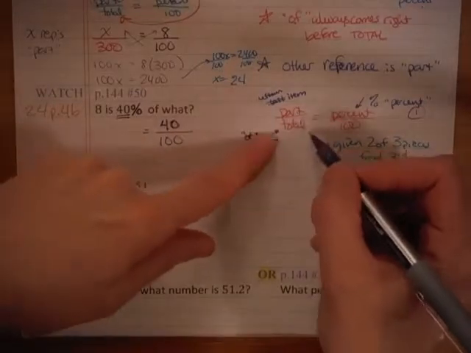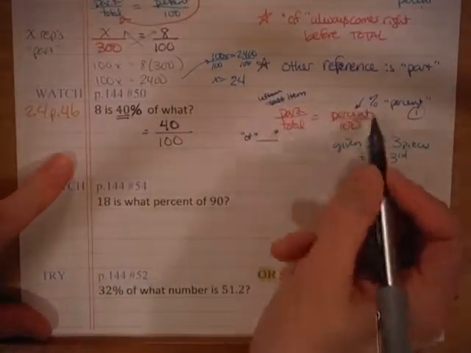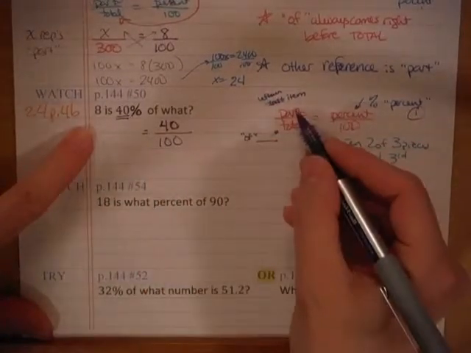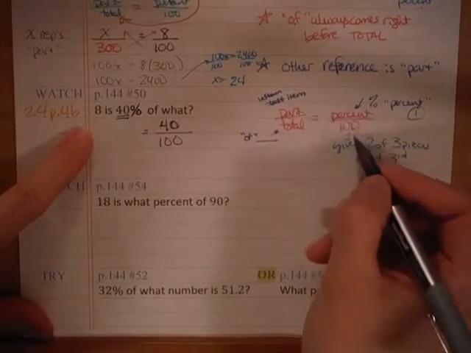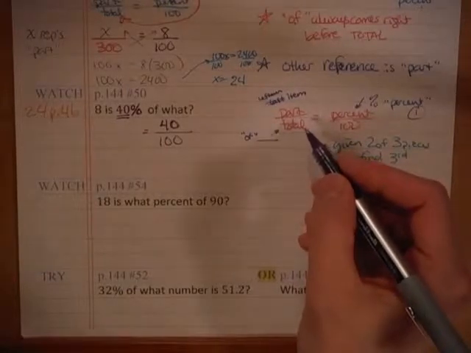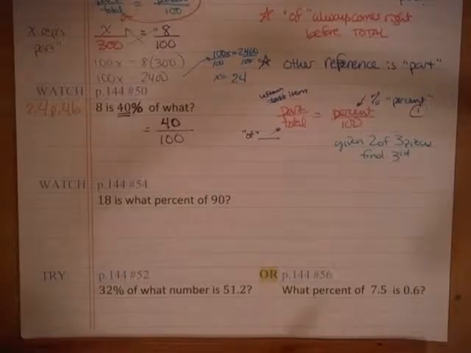So notice I wrote part over total equals percent over 100, and then I'm getting that memorized 4 times as fast, because I didn't just try to use it. I also wrote it, I saw it as I wrote it, I said it, and I heard myself say it. So I'm rehearsing it 4 different times besides just using it. It will get into your long-term memory that much quicker.